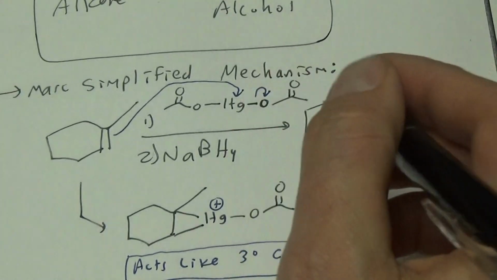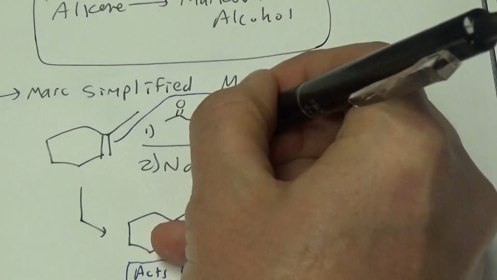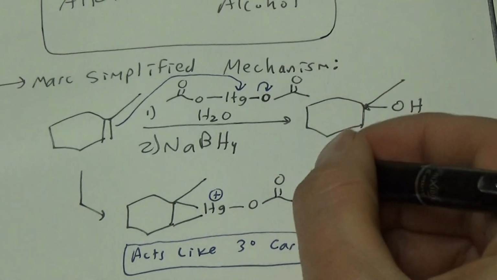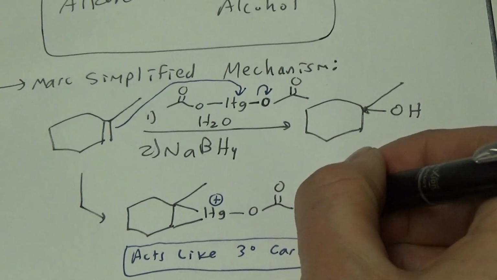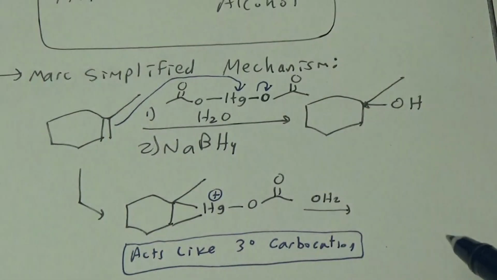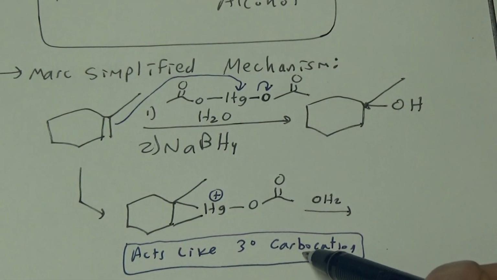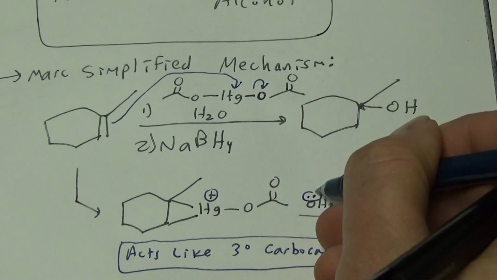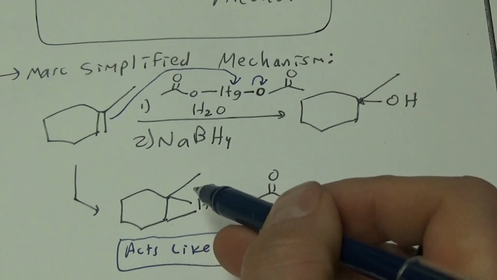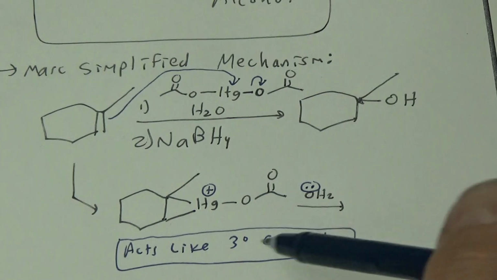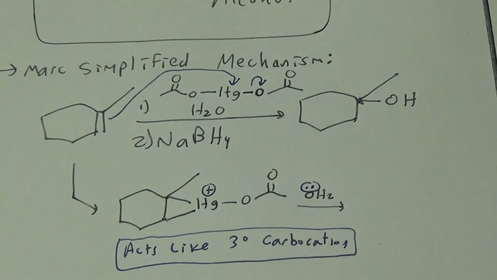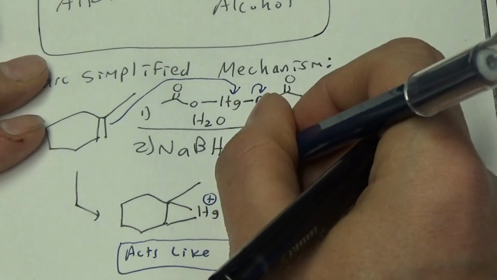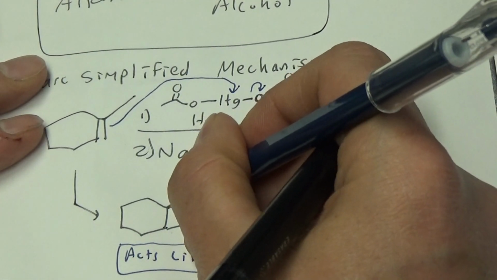It acts like a tertiary carbocation, meaning if I have water around, oh yeah, there's water, don't forget the water, H2O. That's important. Now the water, when it sees this thing that acts like a tertiary carbocation, where is the water going to attack? The secondary position or the tertiary position? Because it acts like a tertiary carbocation. The answer is it attacks the tertiary position.